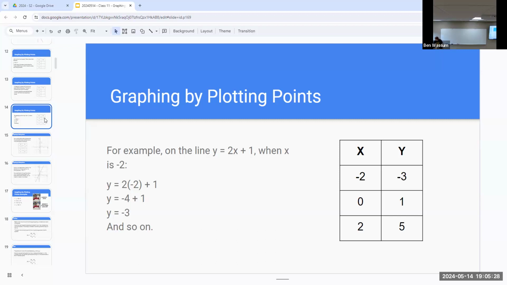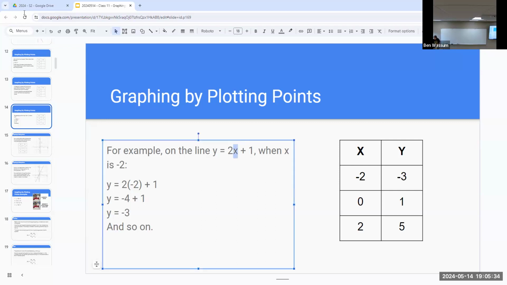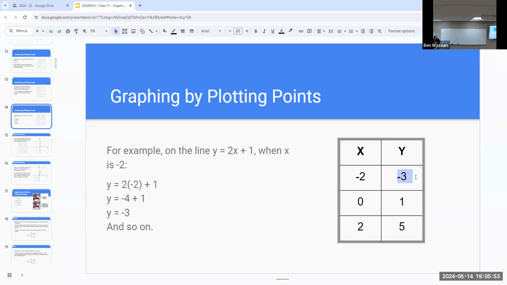So in the case of x being -2, you take that -2 and swap it out for that x, because we're saying x is -2. By doing that, we're going to figure out what y is when x is -2. So you plug that in, do the multiplication: 2 times -2 is -4, plus 1, you get -3. Throw it at your chart.